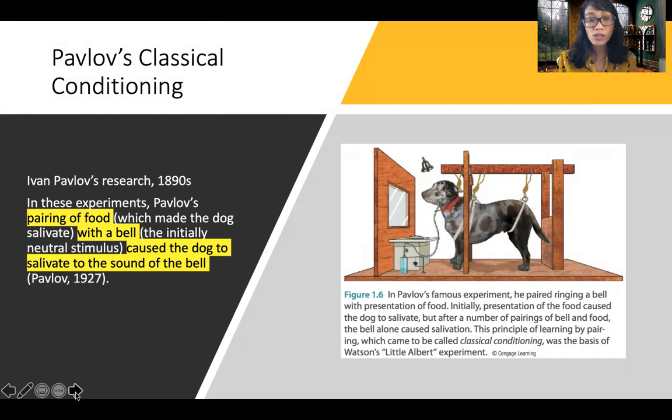And Watson also used classical conditioning to argue that behavior can be analyzed without any reference to the mind. For Watson, what was going on inside Albert's head, either physiologically or mentally, was irrelevant. He cared only about how pairing one stimulus with another would affect Albert's behavior.